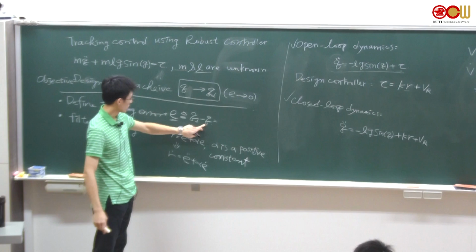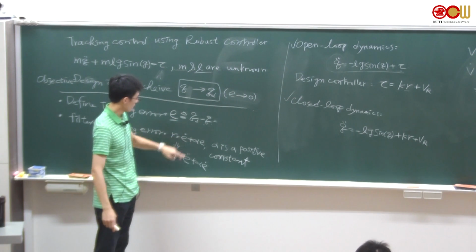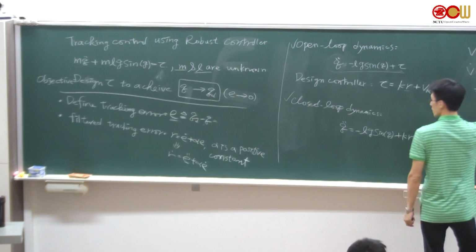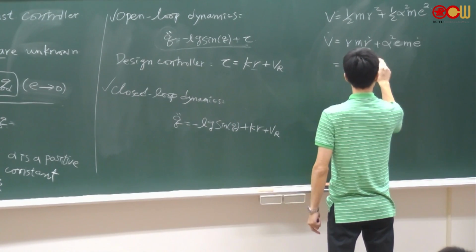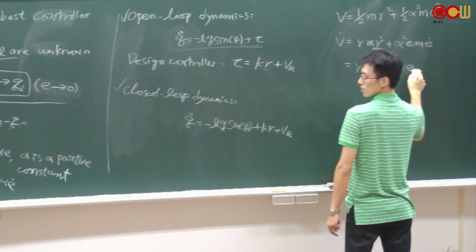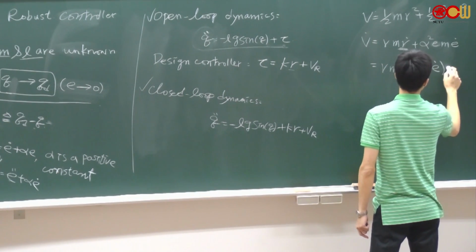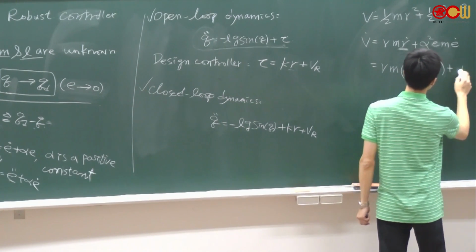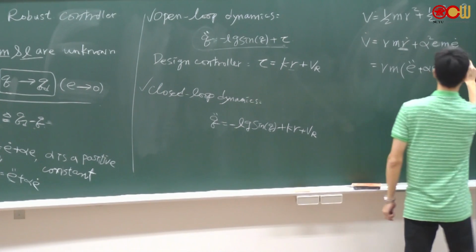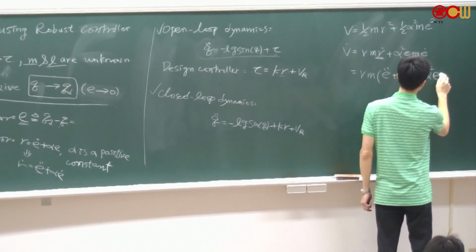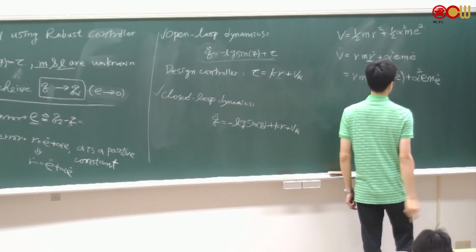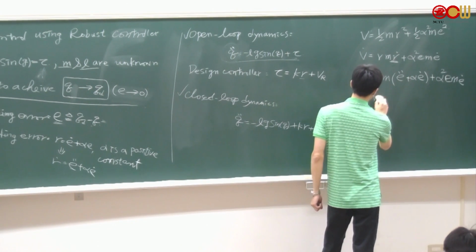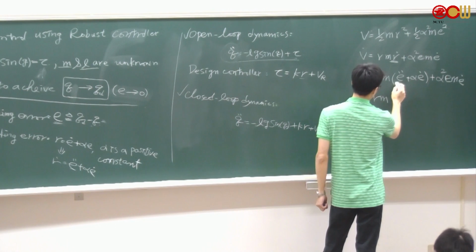Because Q double dot is inside E, okay? So when you take the time derivative, that's E double dot plus alpha E dot. And this is alpha square E and E dots. Okay? Then you expand this.